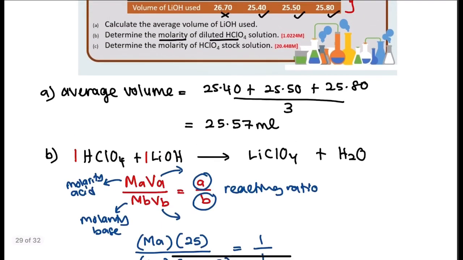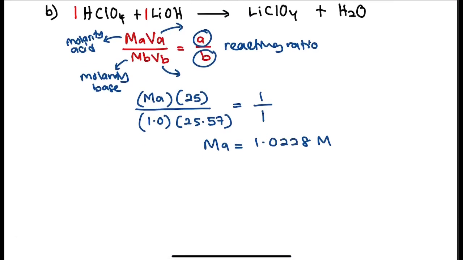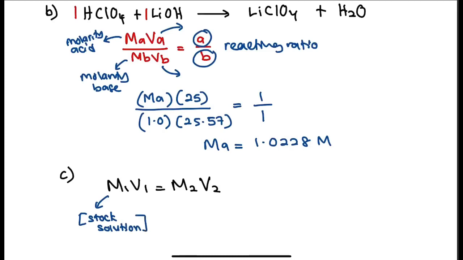The third question requires you to calculate the molarity of the stock solution. Stock solution means concentrated acid solution. In this question, we have done dilution. Therefore, the formula to use is M1V1 equals to M2V2, whereby M1 is the concentration of the stock solution, which we are required to find in this question.